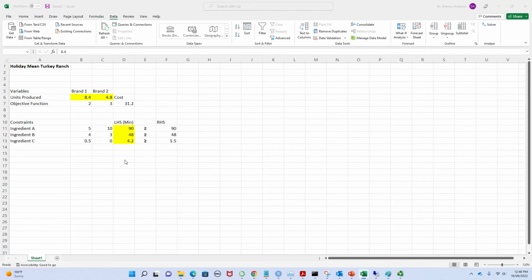So does it make sense? Have a look. You should have 8.5, 4.4 units of brand 1 and 4.8 units of brand 2, right? And the cost will be 31.2 per pound. And this is the limit, so yep, that's minimum 90 here, 48 equal to, and ingredient C, much more, at 4.2.